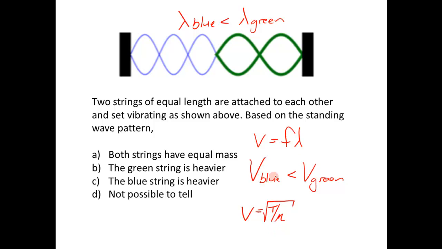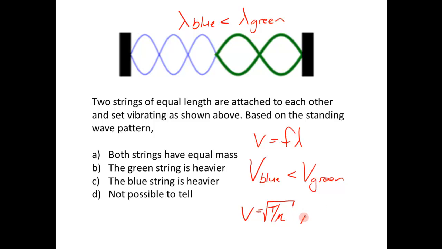Since v of blue is lower than v of green, that means that this quantity for blue needs to be lower than this quantity for green. If this quantity for blue is lower than this quantity for green, then that means that the denominator actually needs to be higher for blue.